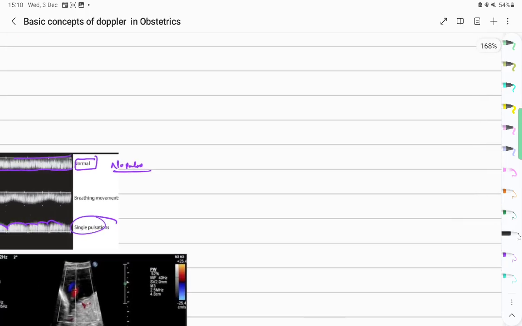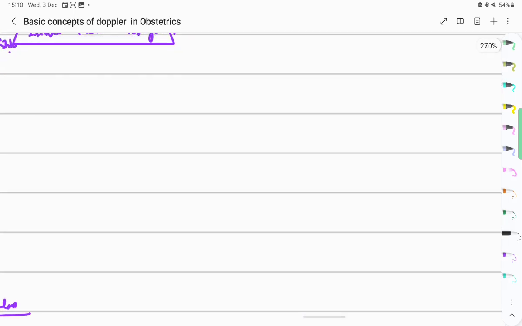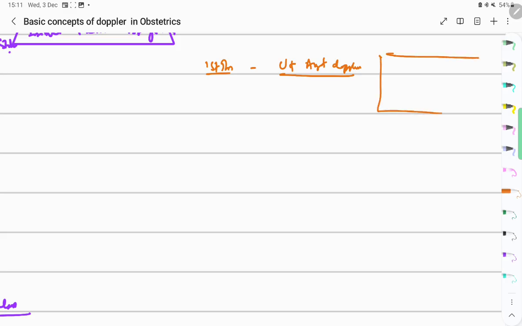Next thing, summarizing all the Dopplers, I will tell you. Initially, in the first trimester, I will do a uterine artery Doppler. We will put it in the centile chart.